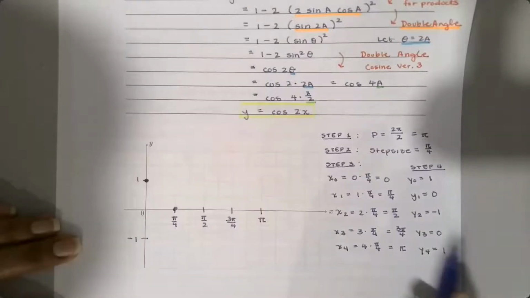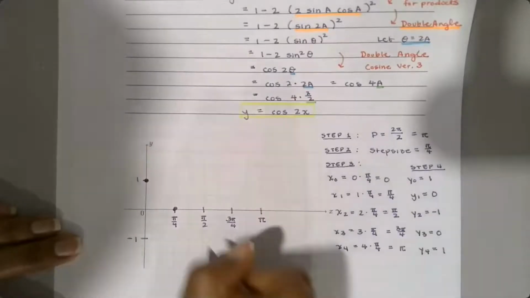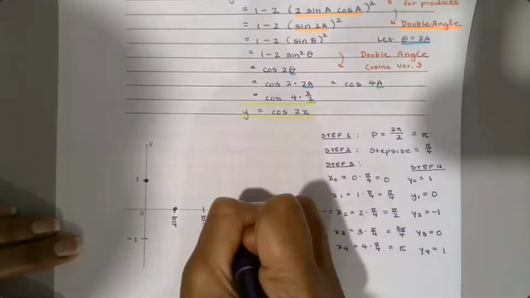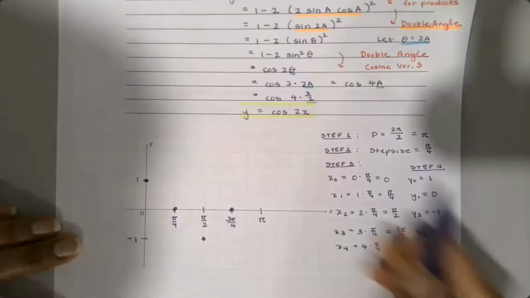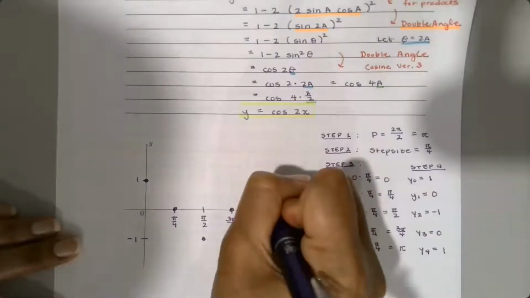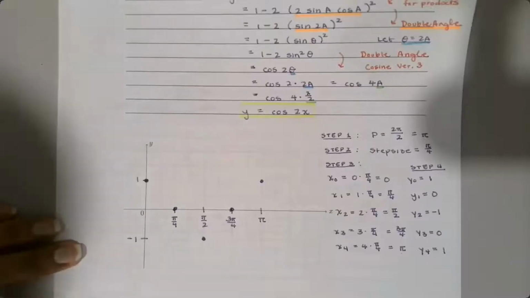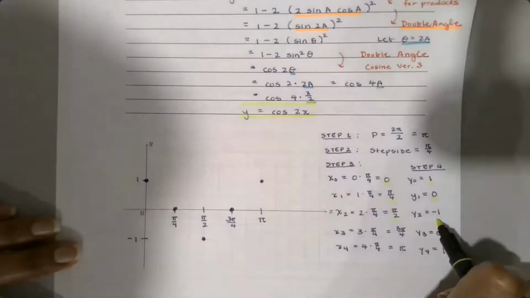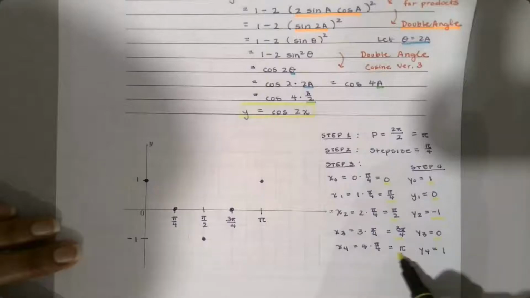Pi over 2, negative 1. 3 pi over 4, 0. And pi, 1. Let me just highlight these so it's easier to see which numbers we're graphing. We're plotting. Goes there.